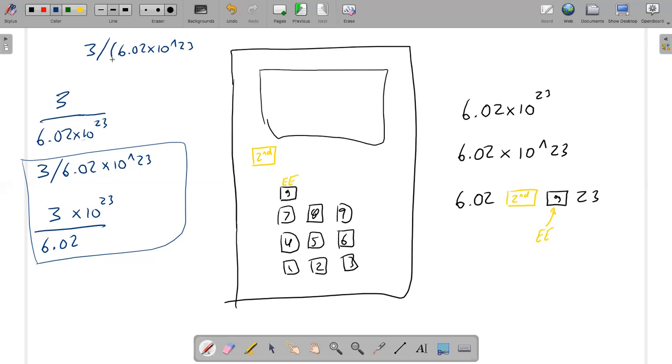So instead, the quick way to do this is just to take 3 divided by 6.02. Your calculator will actually show you an E on the screen, E23, because when you type 6.02 and then the second comma 23, it'll always group that together. It won't think the 10 to the 23rd is possibly up in a numerator instead.